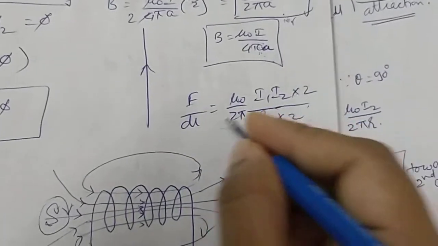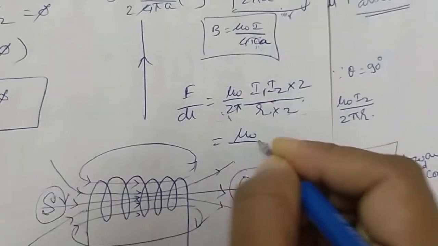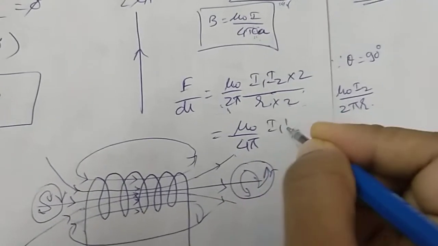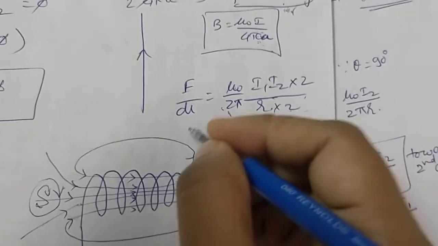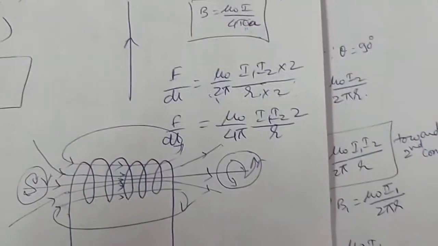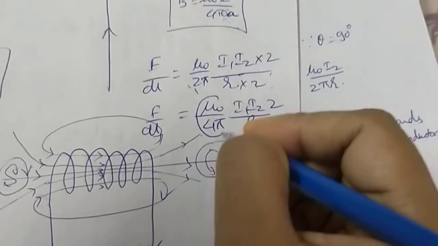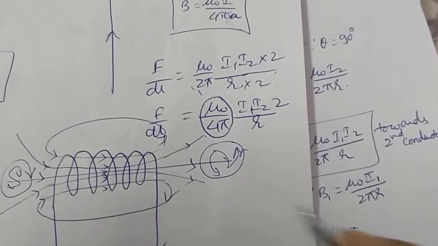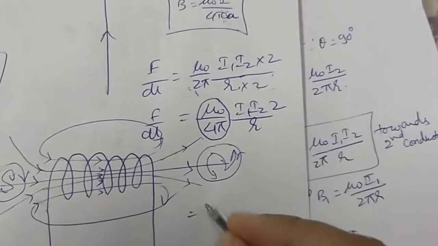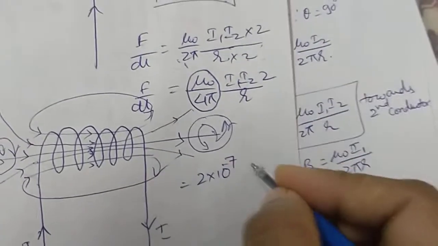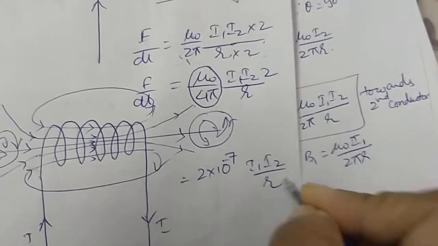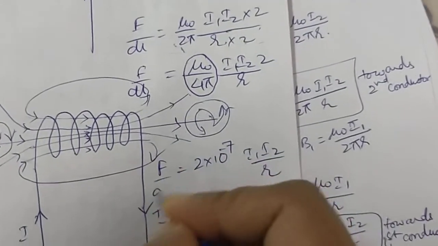So this combined with this will become mu naught by 4 pi, so I1 I2 by r, and this 2 will remain. Now this value is 10 raised to the power minus 7, right? So 2 into 10 raised to the power minus 7 I'm getting, and this remains as it is, I1 I2 by r. This is F by dl.